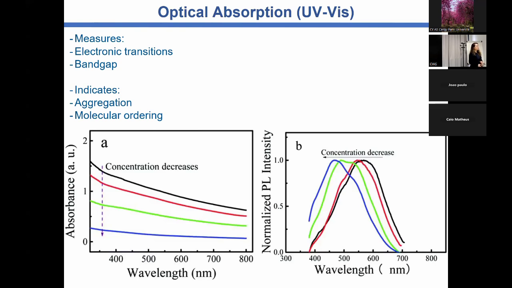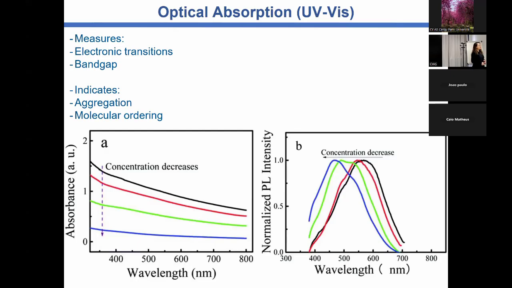morphological point of view. So here, for instance, one example, if we decrease the concentration, we have this blue shift in the peak. This is PL, sorry, I didn't see that it was PL, but in terms of absorbance here, decreasing the concentration decreases the number of chromophores absorbing.